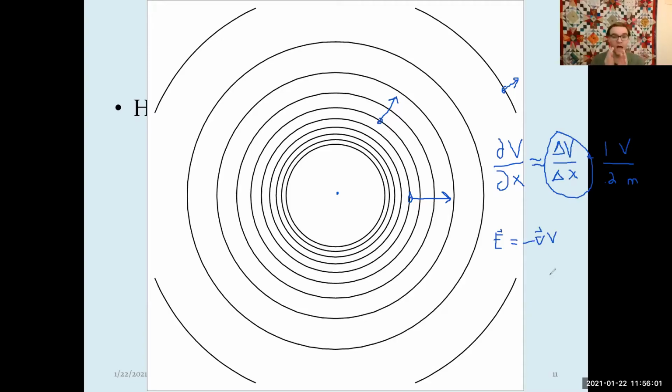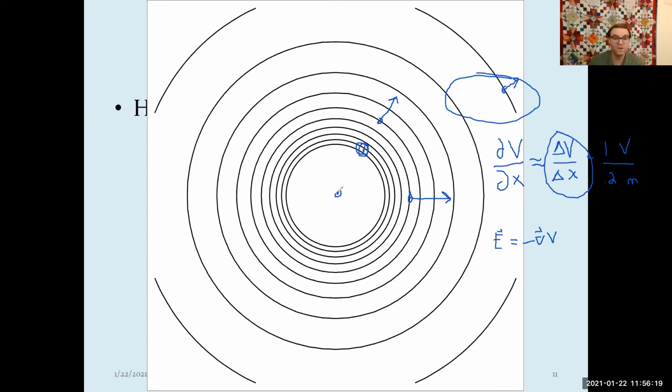The closer the lines, the bigger the gradient, which means the bigger the electric field. So I'm going to get a really big electric field in here where the lines are really close together. On the other hand, out here where the lines are really far apart, I'm going to get a small electric field, which should agree with what we already know about the electric field of a point charge.